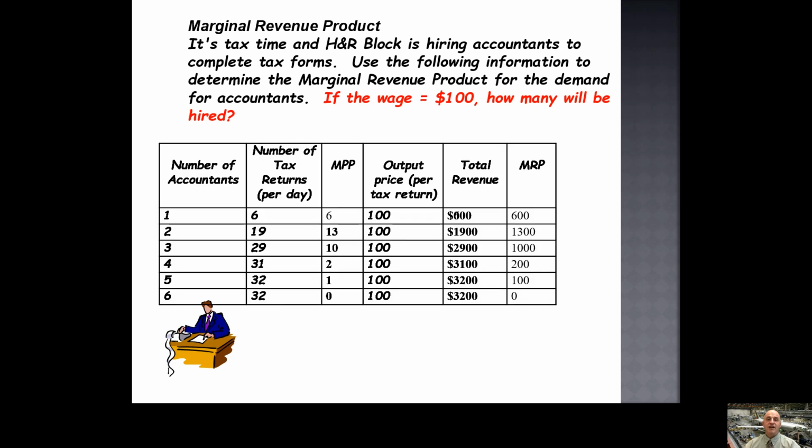So as I go from 0 workers to 1 worker, my product goes from 0 to 6. That's a marginal product of 6. As I hire my second worker, the second worker gives me 13 more tax returns because I went from 6 to 19. Finish the rest of that column.